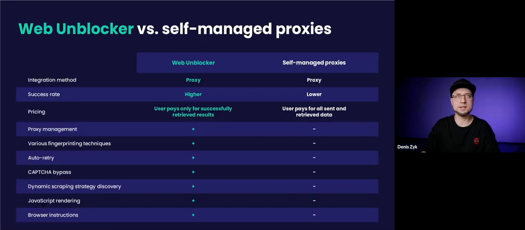So the thing here is that you can use Web Unblocker instead of self-managed proxies, because you will only be invoiced for successful results, while with self-managed classic proxies, you will have to pay for all the traffic you send through the proxies. At the same time, Web Unblocker offers auto-retry, captcha bypass, various fingerprinting techniques, dynamic scraping strategy discovery, and so forth.